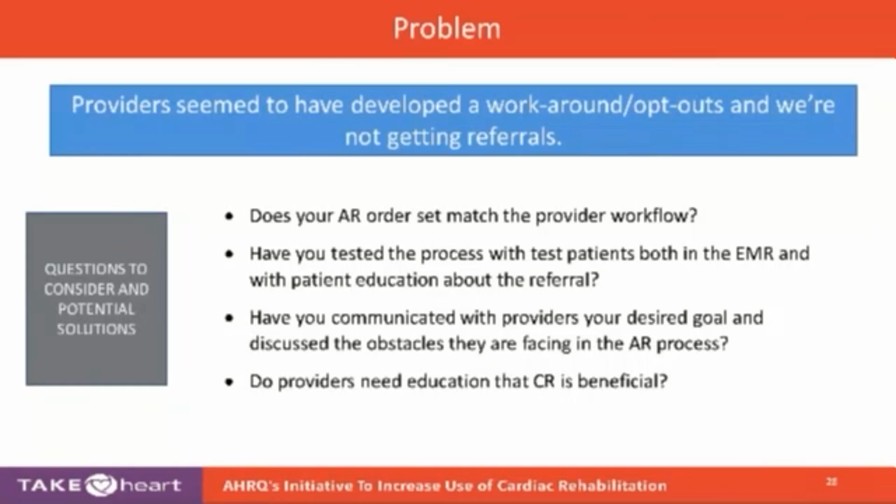Knowing that this was routinely used by my colleagues, I spoke with the hospital administrator as well as our division chief to explain that yes, this may be a little additional work on the front end, but in the long run, it's not only better for patient health and satisfaction, it will reduce hospital costs, because if you participate in cardiac rehab, you're less likely to have a recurrent cardiac event. I was very open with my division chief, saying my EP colleagues may be annoyed that they have to be forced to click this. And he believed in what we were doing and the importance of that.